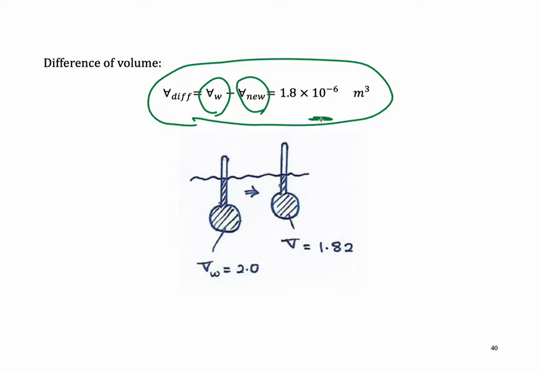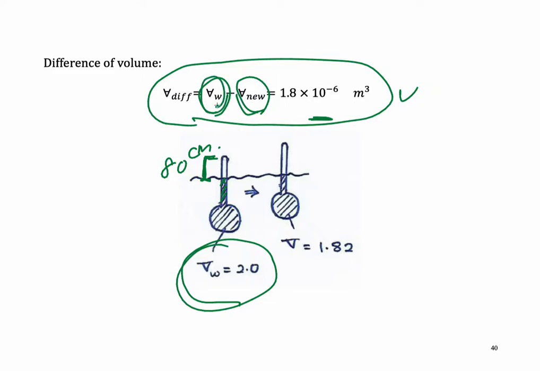What we need to think about is, for water, it will stay like this, which means the protrusion length here is 80 centimeter. If the volume is reduced, because we deduct the water minus the new liquid, the submerged volume is lesser compared to the submerged volume in water. So the protrusion here is increased.